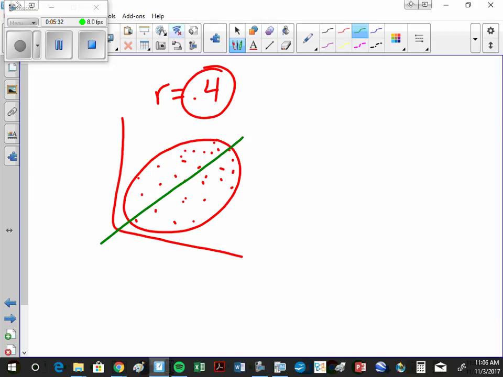Right, so taller means more weight. Okay, what's something that would be negative sloped? Age of a car and its value. That would be negative slope, so you could get negative 0.4. Now, it's a very weak association, but it's still a positive association.